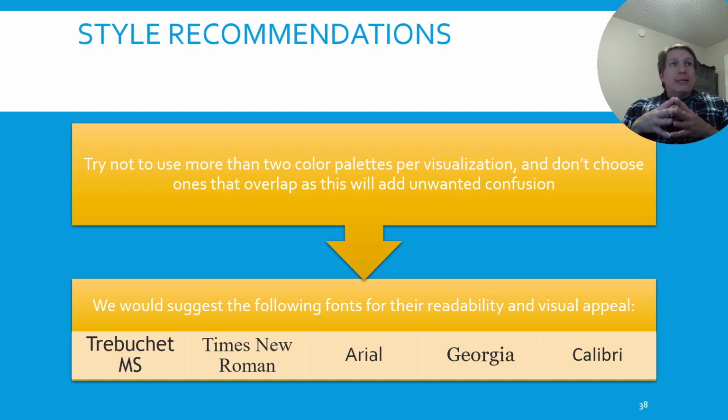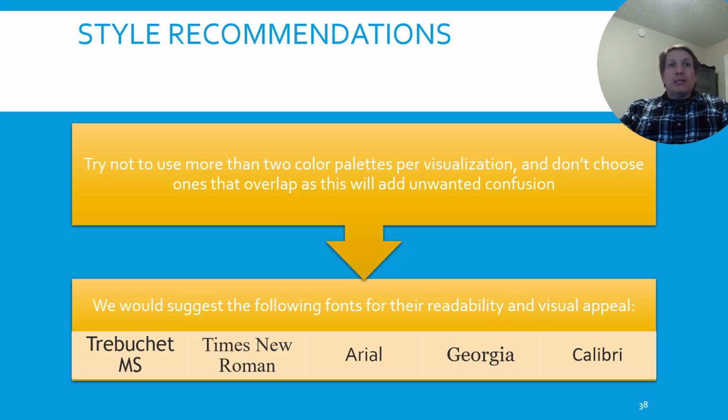Also, when we are using styles, the idea is not to use more than two color palettes per visualization, and try to avoid overlapping data or overlapping messages to avoid unwanted discussions. And if you want to use fonts, it's really important.